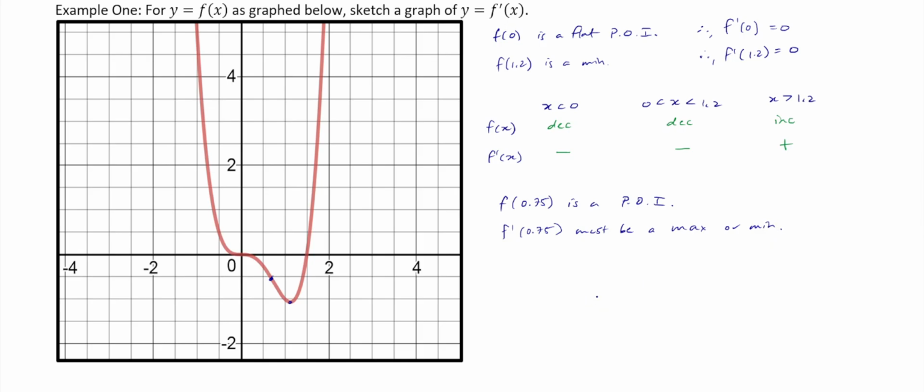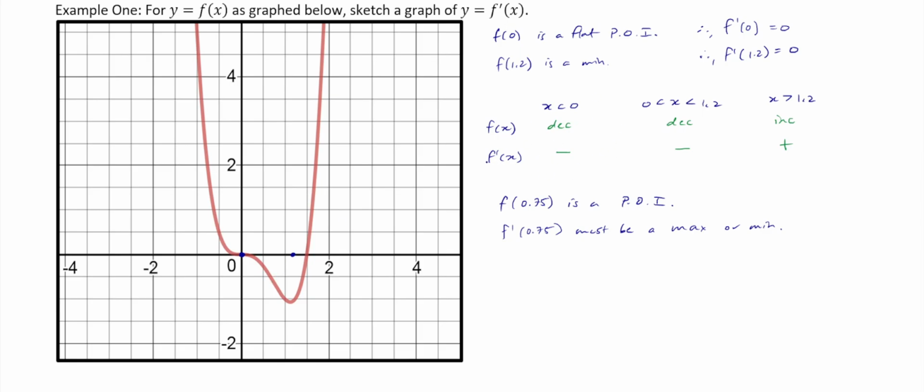Okay, I think we have enough information to graph this function. So let's put in our zeros of the derivative function, f prime at 0. So that's got to be a 0 right there. Okay. f prime at 1.2 has to be a 0. Okay. And then f prime at 0.75 has to be a maximum or a minimum.